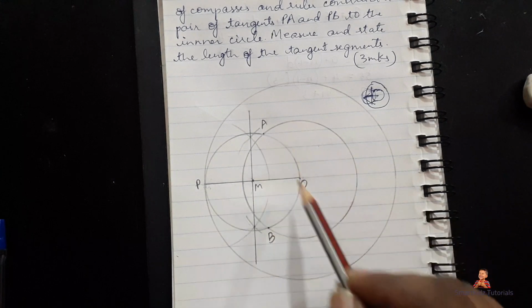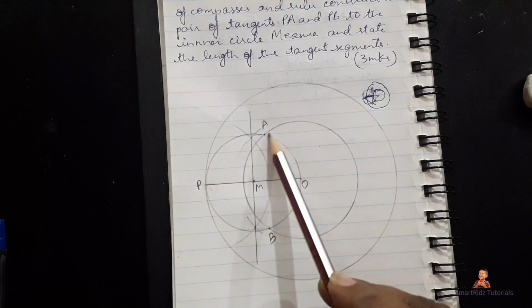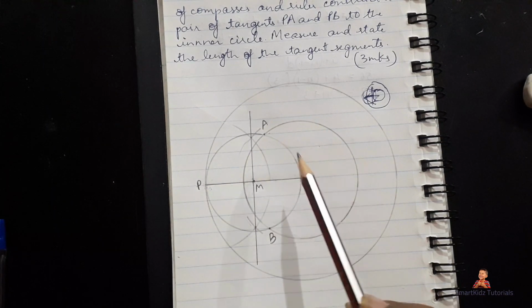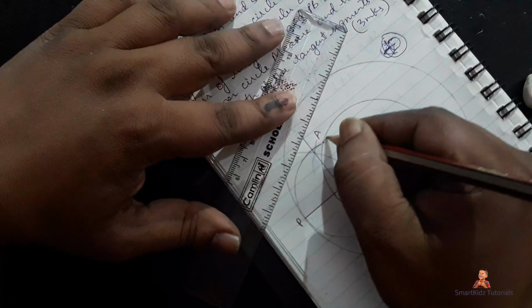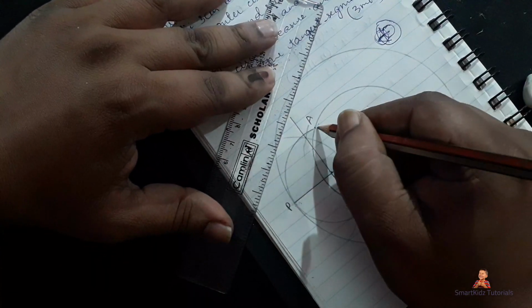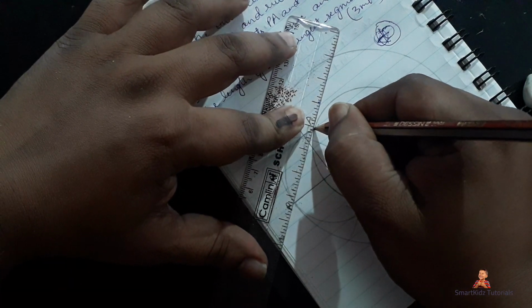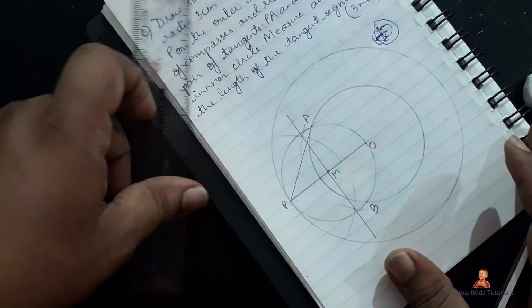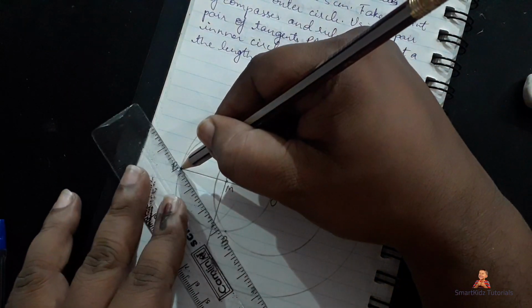Tangent to this inner circle, we have been asked to draw PA and PB to this inner circle. So that's exactly what I'm going to do now. Okay, so from A to P, this way, and we are going to draw one from P to B.